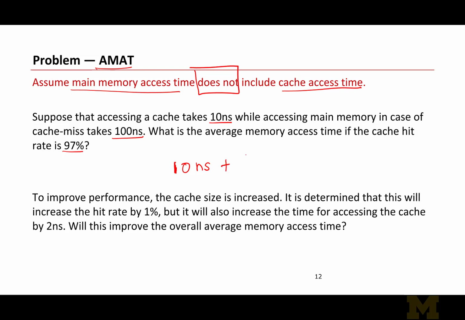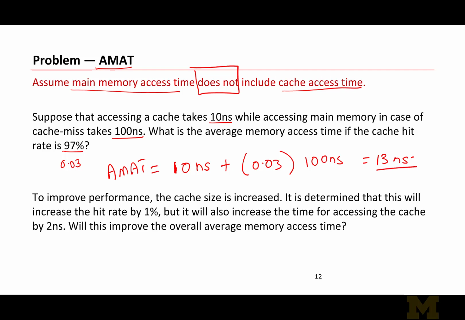And then if there is a miss, so the miss rate is 1 minus 0.97, so that will be 0.03. So for 0.03 or 3% of the accesses, I would have to spend 100 nanoseconds, right? So that would be a total of 13 nanoseconds. So my AMAT for this particular configuration is 13 nanoseconds.